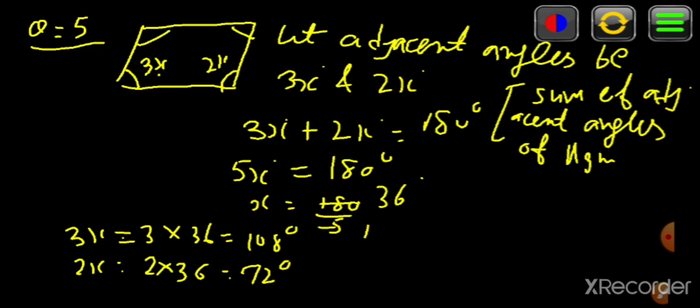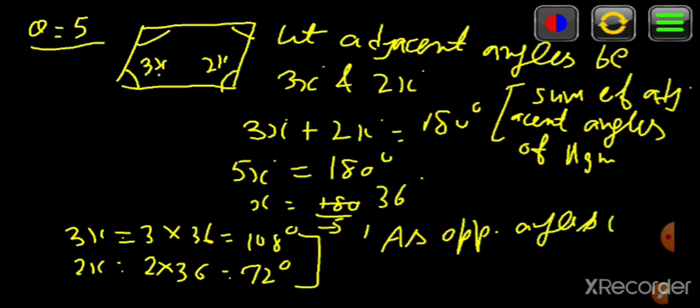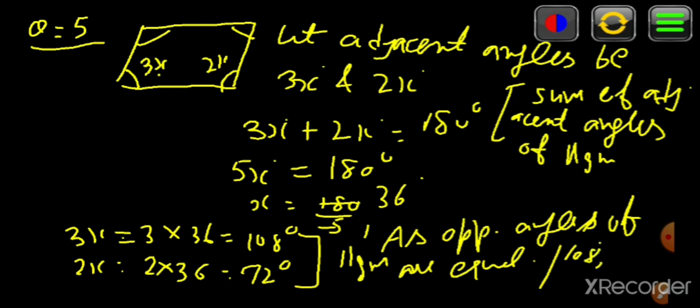As we know, opposite angles of parallelogram are equal. So what will be the angles? First of all, 3x will be angle 108, then 72, then also 108, then also 72.